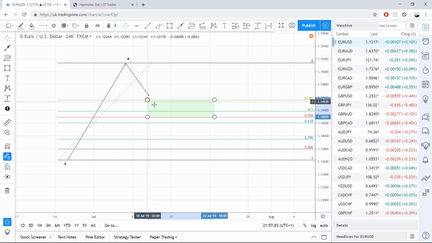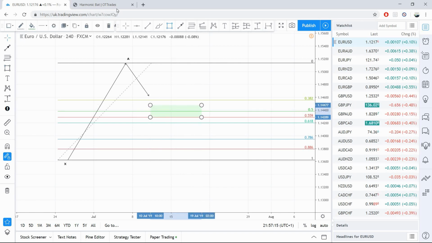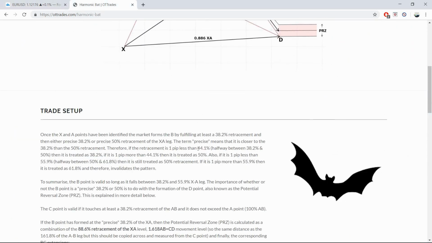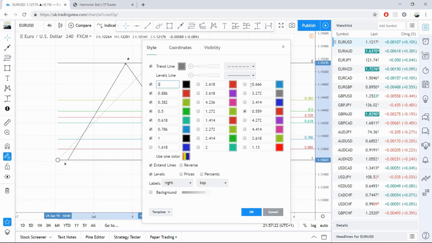Now, in terms of a precise 382 or a precise 50%, the term precise means it's closer to one than the other. As mentioned in the text, let's draw that 44.1% on as well, just so you can see it. 44.1%.